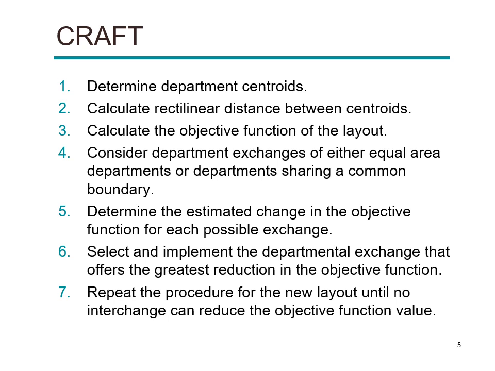Either you can exchange two departments which have the same size, or you can exchange departments that share a common boundary. Then what do you do when you choose two such departments? You first estimate the change in the objective function value with this exchange. And in order to make this estimation, you assume that the centroids of the departments will be fixed.